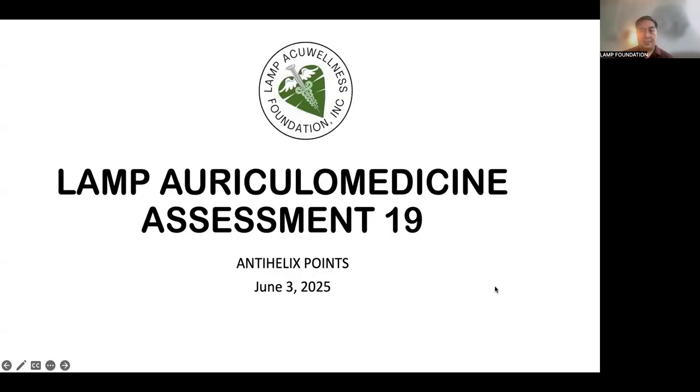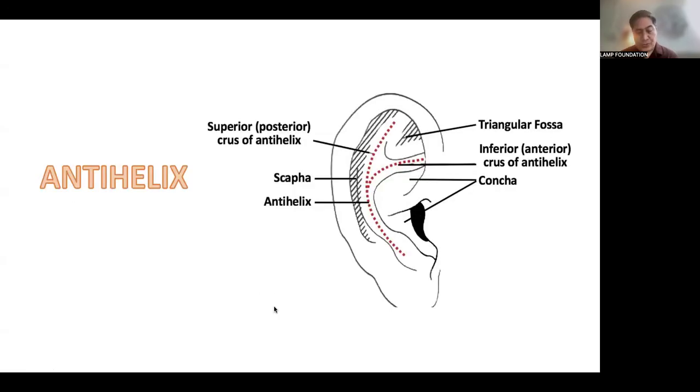Auricular medicine, number 19. And today we shall focus on anti-helix points, both Western and Eastern approaches. Okay, so here we have the anatomy of the anti-helix.